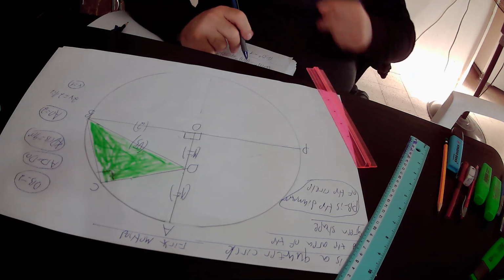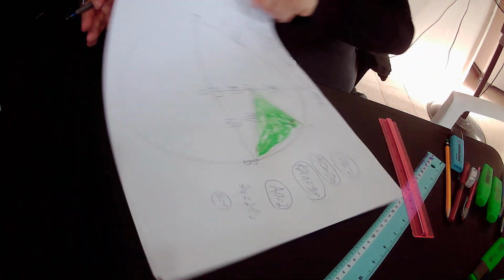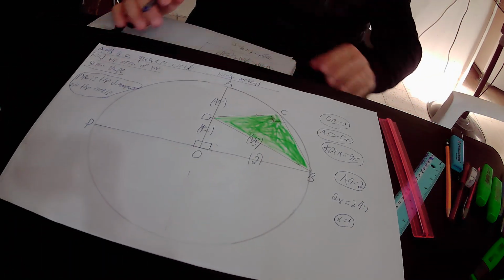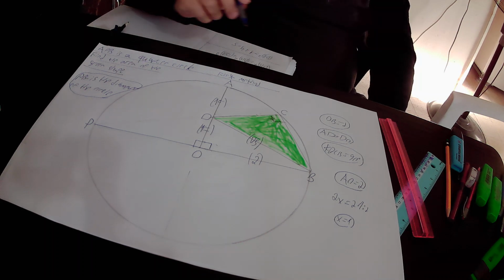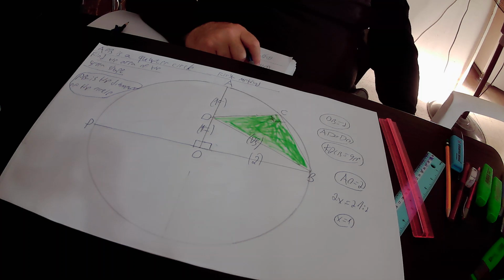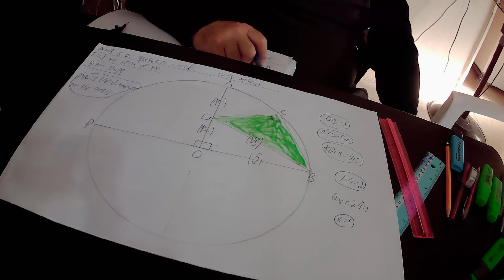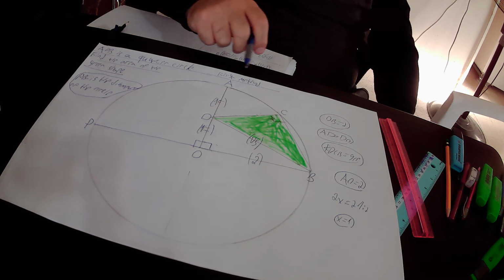Okay. In the next step, we will extend side CD by a straight line until it touches the circle. But the question is where the extended side CD will touch the circle.